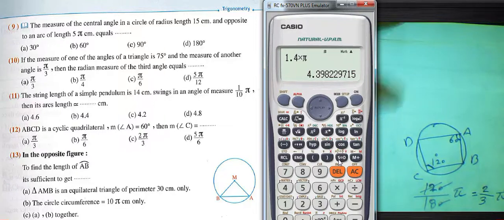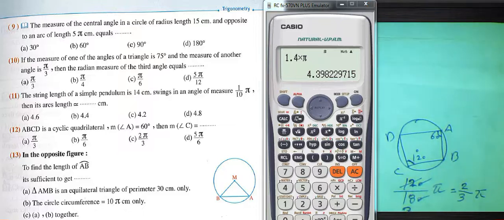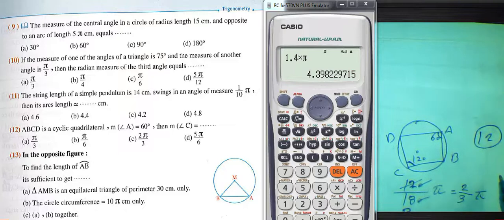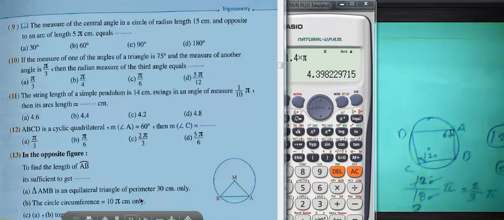The result will be 2/3 pi. About question 12, we choose letter C. Okay. Question 13.